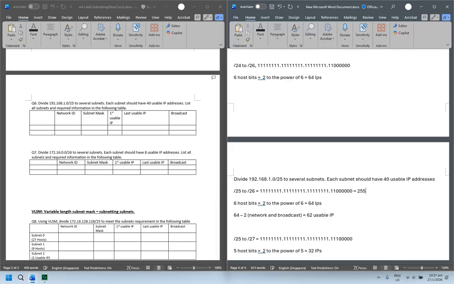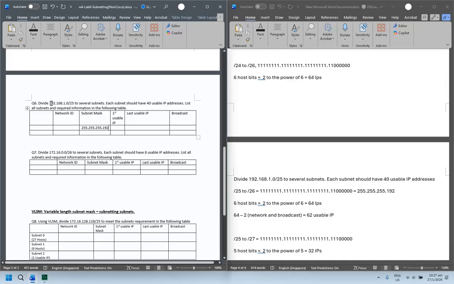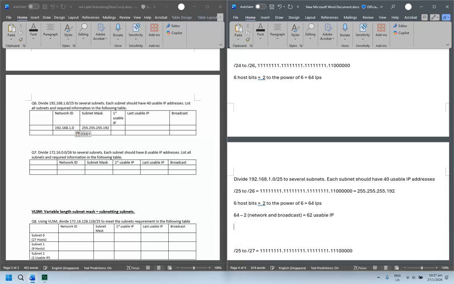So it will be 255.255.255.192. Let's write it down here. 255.255.255.192. Same thing, the address given is always the network address or the first address of the group. Let's copy it down. What we need to do next is to calculate our subsequent group network addresses.